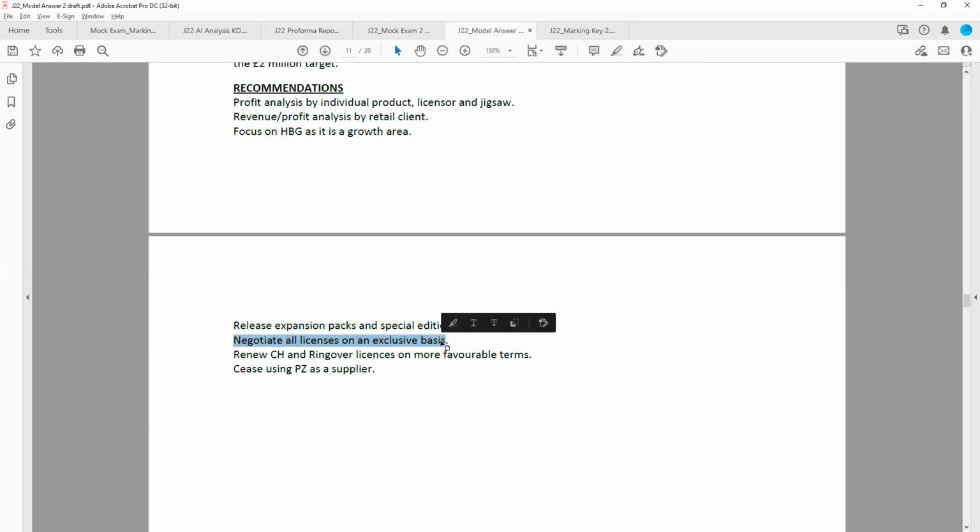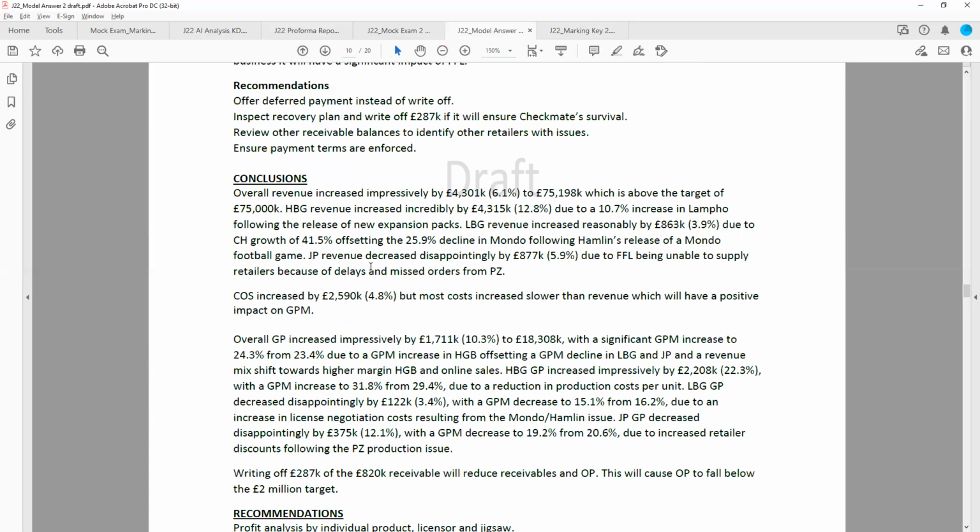Then we've got negotiate all licenses on an exclusive basis, because we've had the issue in the year. So we had the issue in the year with Mondo, of course, that not being on an exclusive basis, and therefore Hamlin released a game on it. Renew these licenses on more favourable terms. And then we've got cease using PZ as a supplier, because there's all those supply issues there.